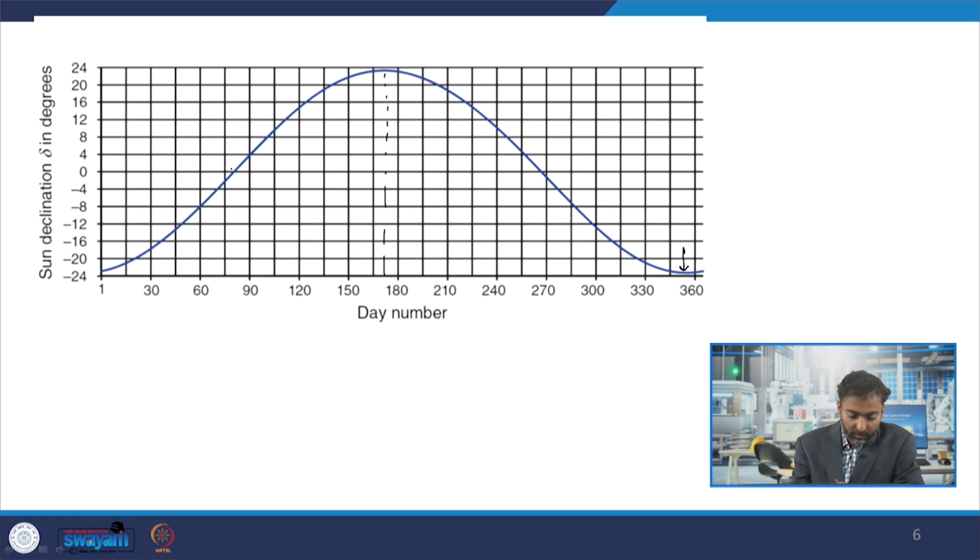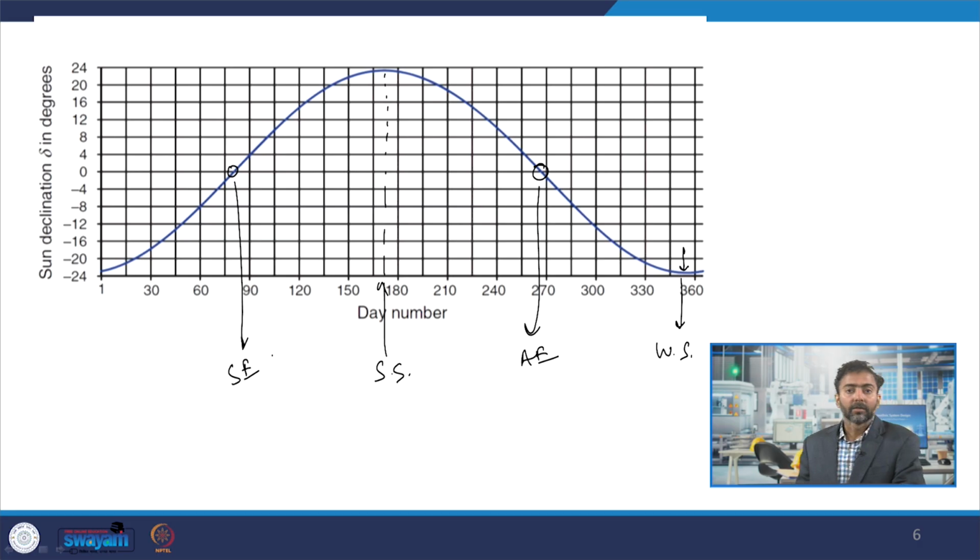It crosses 0 at the equinoxes. These are the two equinoxes, and in between, the peak is at summer solstice, the negative peak at winter solstice, and this is what we call the autumn equinox, and this is what we call the spring equinox. So that is the variation of the declination angle.